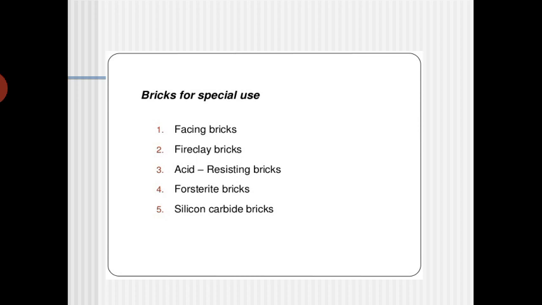To stop that radiations, normally this kind of silicon carbide type of bricks they will prefer, and it will not allow the radiations to enter, and it is corrosion resistant also. Normally these bricks are corrosion resistance bricks.